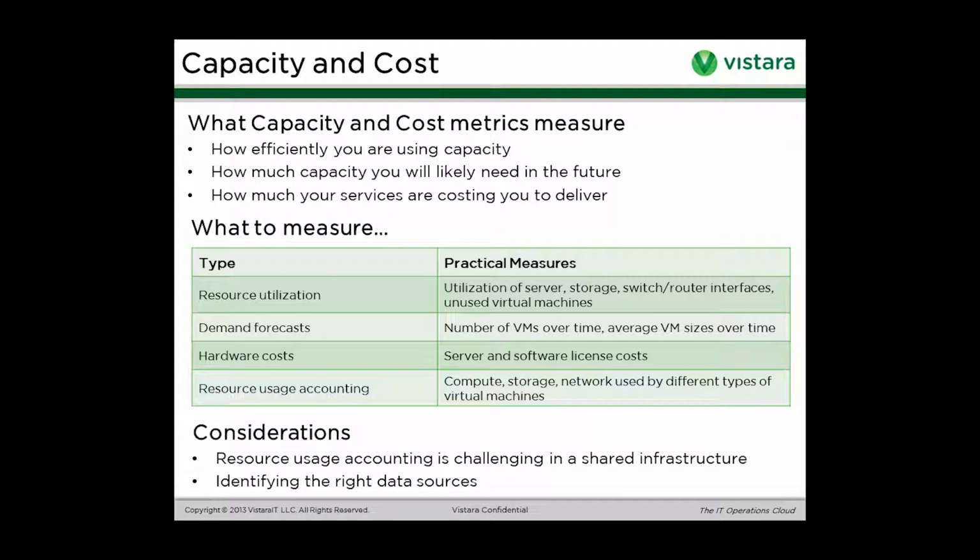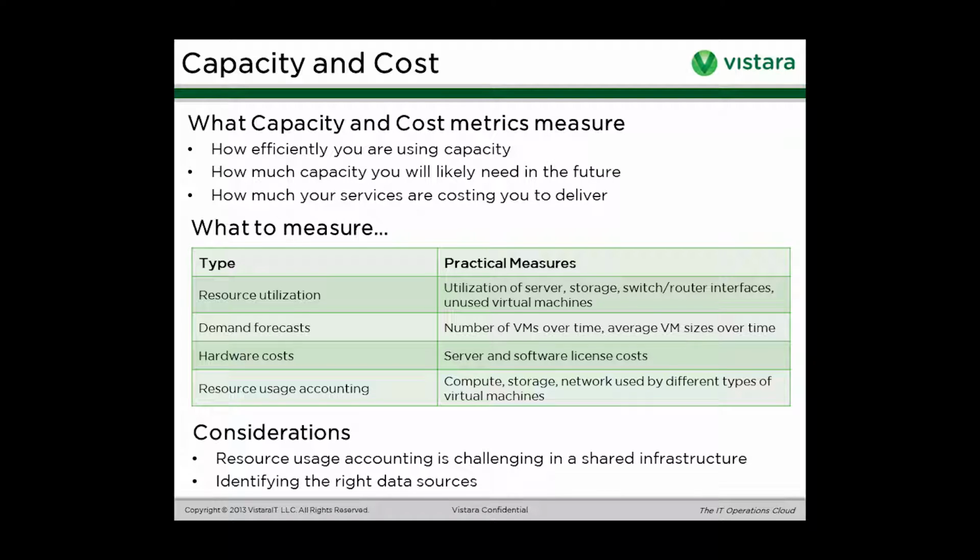And on the demand side, you need to know what resource demands you can expect in the next month, the next quarter, so that you don't get caught off guard in that you've got demand coming in for new projects and you're not able to satisfy that demand, or vice versa, you just run out of resources with current demand. Right?